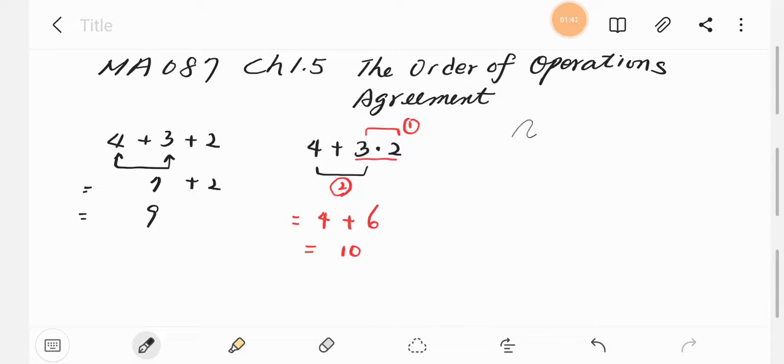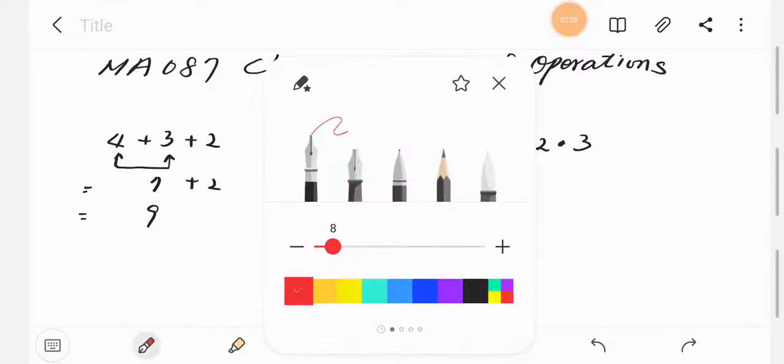All right. How about what if there is something like this? 4 divided by 2 multiplied by 3. Then which one do we complete first? Should we do 4 divided by 2 first?